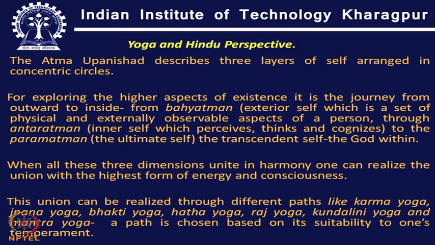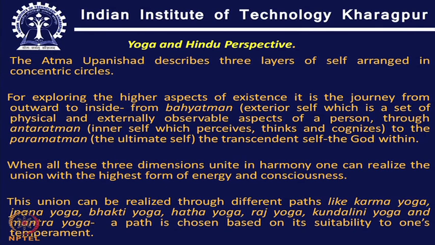So, when the outer layer, middle and the inner layer are in harmony with each other, one can realize the highest form of energy. And this could be reached through different paths of yoga, like karma yoga, jnana yoga, bhakti yoga, hatha yoga, raj yoga, kundalini yoga, and mantra yoga. The path a person chooses is based on one's temperament and what he loves to do.